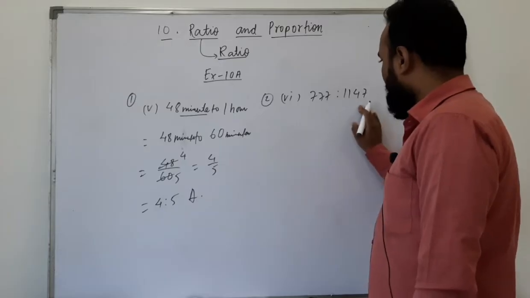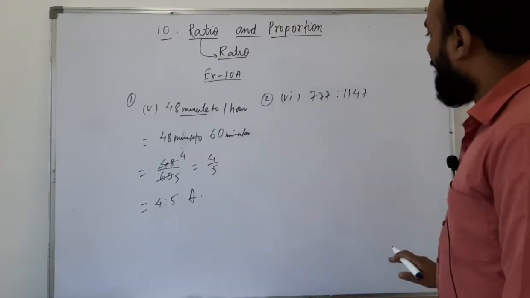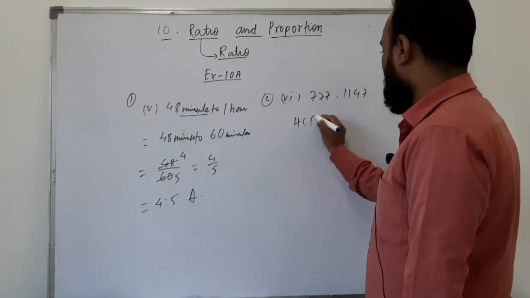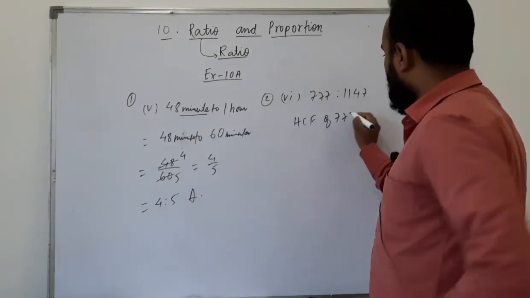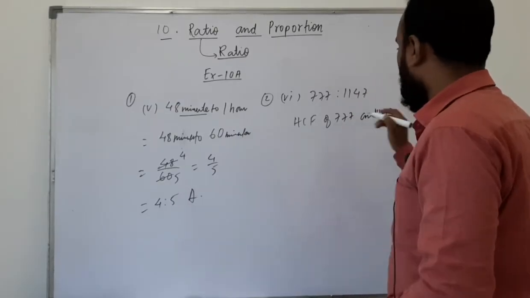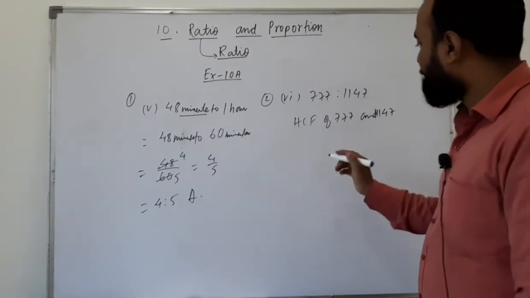To convert to the simplest form, first of all we have to find the HCF. So let's find the HCF of 777 and 1147. So let's find out.